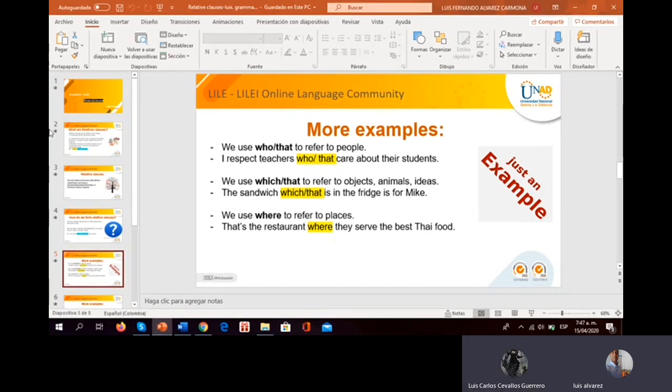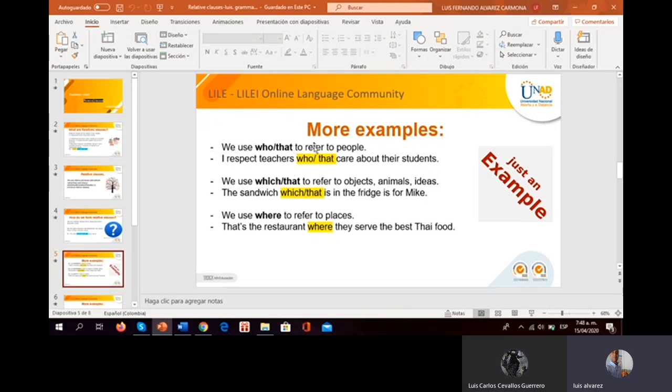We use which, that to refer to objects, animals, ideas. The sandwich which or that is in the fridge is for me. All right, and the last one. Finally, we use where to refer to places, like the restaurant where they serve the best food. Very good. So in here, summarizing.